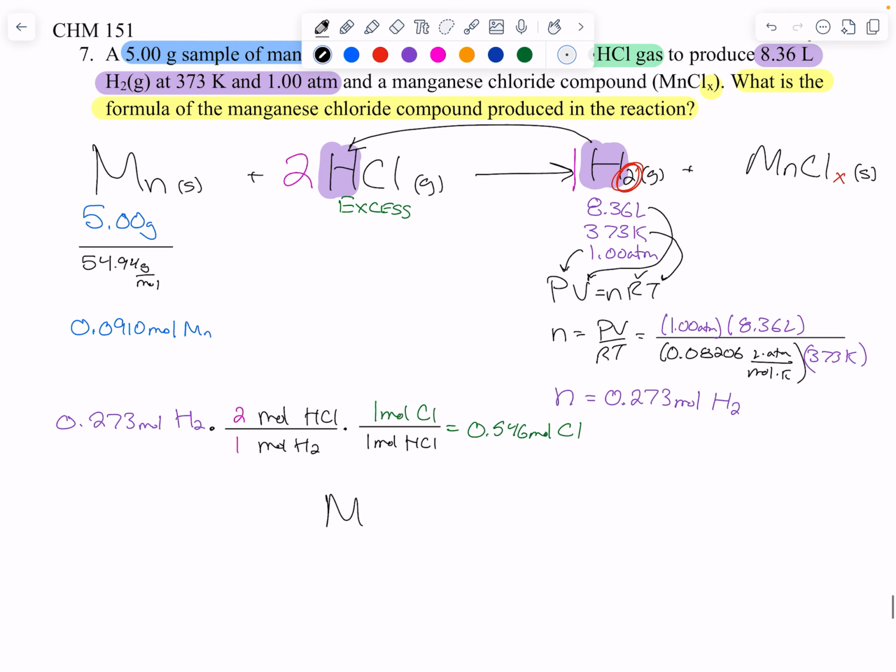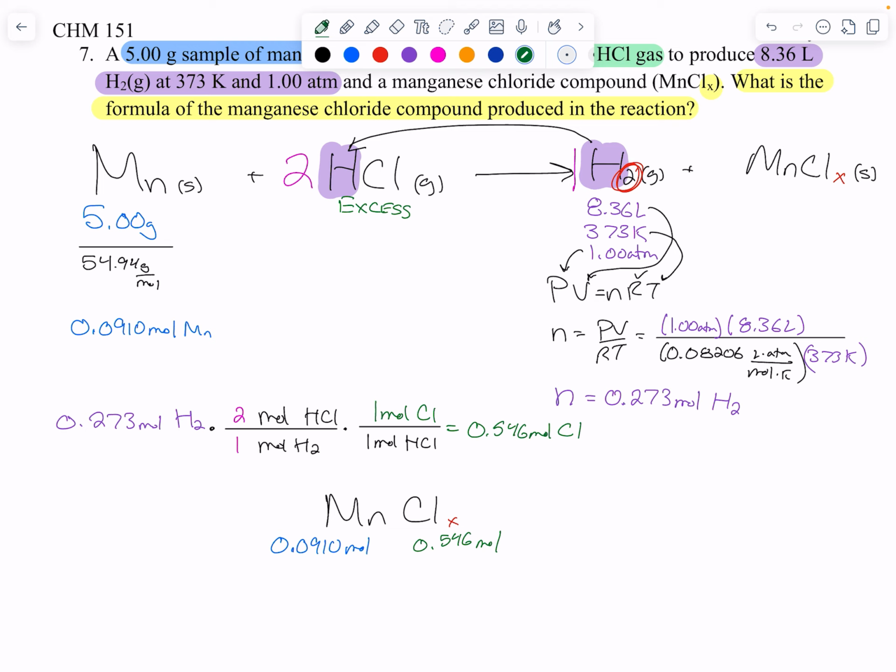So when we take our MnClX compound here, we know that in our compound we have 0.0910 moles of manganese and 0.546 moles of chlorine or chloride. Well, I don't like those numbers. It's the right ratio.